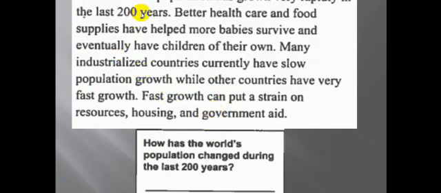The world's population has grown very rapidly in the last 200 years. Better health care and food supplies have helped more babies survive and eventually have children of their own. So of course, because of the technology in science, and especially the technology in medicine, people start to live longer.